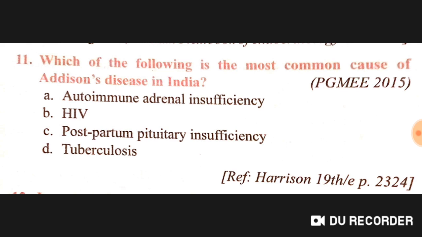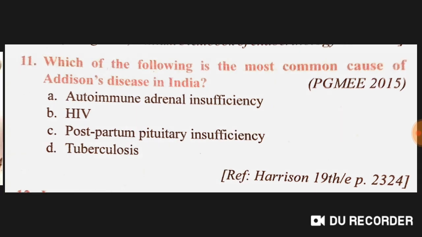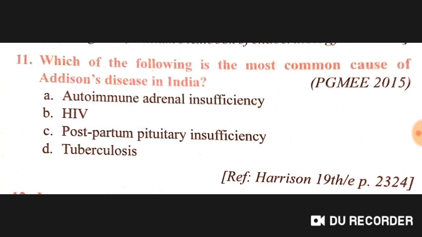Now let's start. Which of the following is the most common cause of Addison disease in India? That is autoimmune adrenal insufficiency. Autoimmune adrenal insufficiency is the most common worldwide, but not in India. HIV is no. Postpartum pituitary insufficiency, that is Sheehan syndrome, is not common.